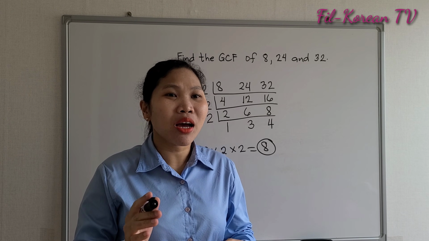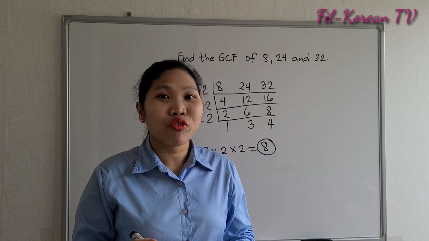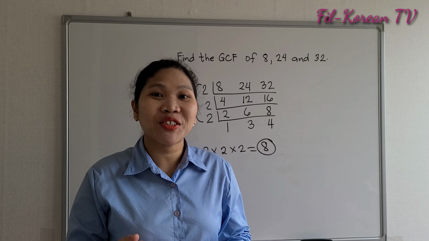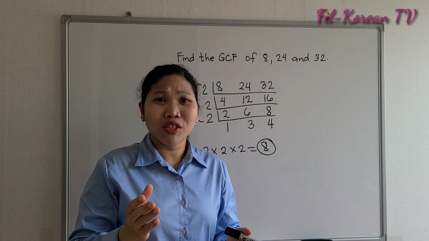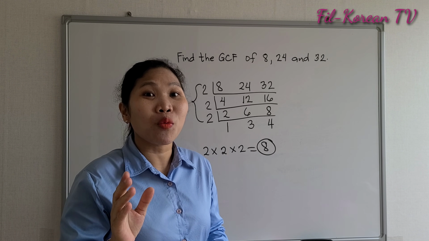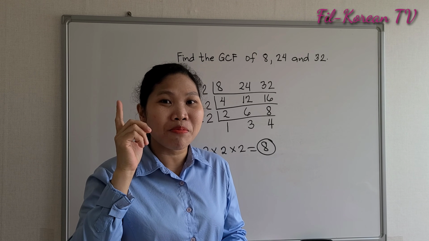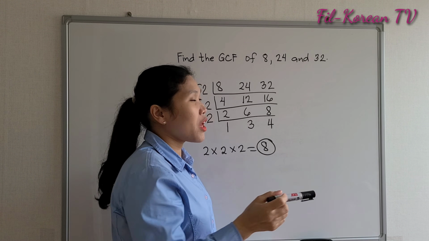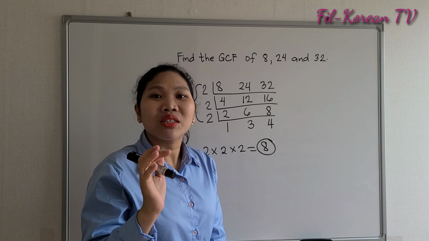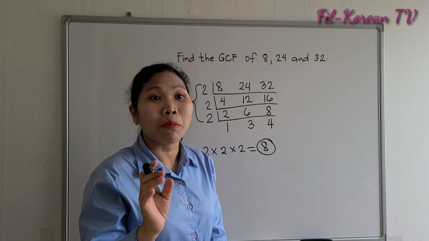Okay, I have another tip for you to get the GCF. This is very useful because you need not compute anymore if you keep it in your mind. To get the GCF, just look at the given numbers.